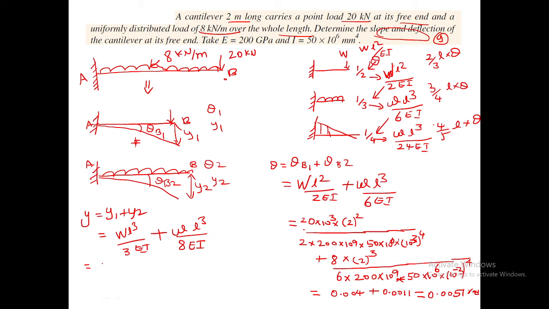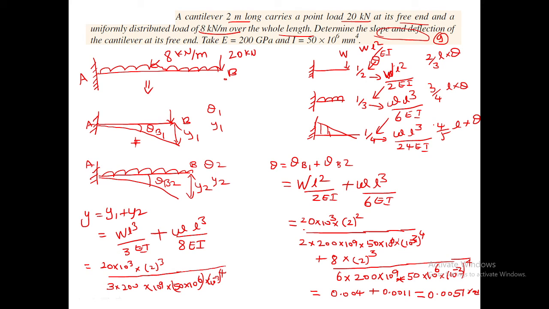Next, solve for the deflection. Capital W is 20 into 10 power 3 into 2 cube divided by 3 into 200 into 10 power 9 into 50 into 10 power 6 into 10 power minus 3 power 4.